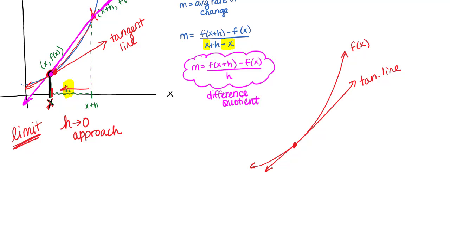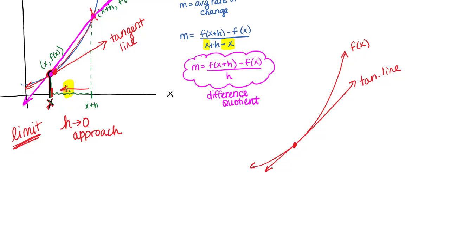It only touches my curve one time, and it's going to take the shape of my curve at that point. It doesn't come in perpendicularly or anything like that. It's going to take the shape of it.